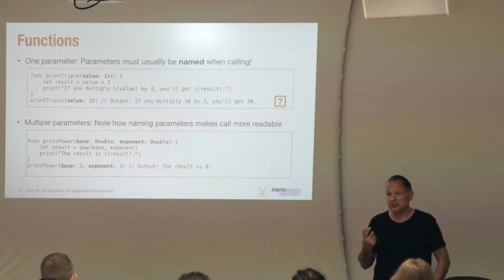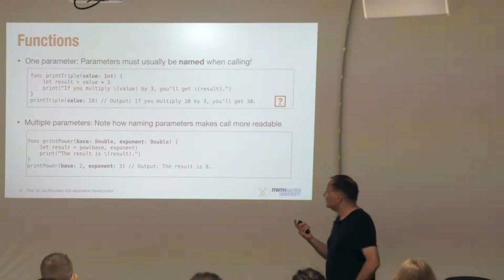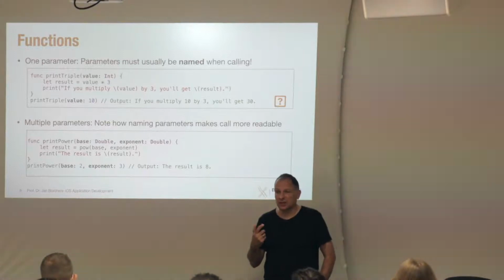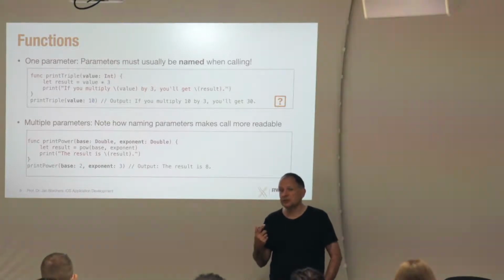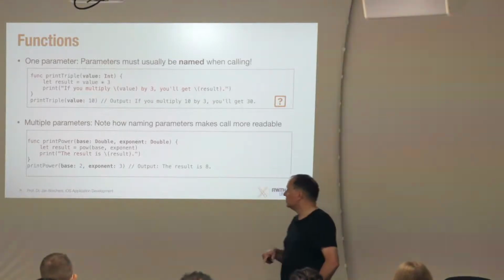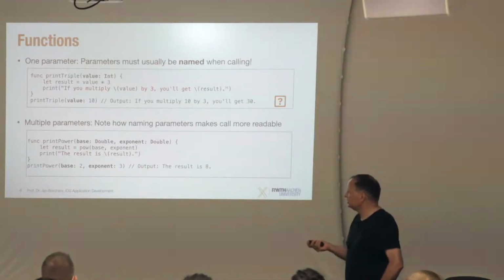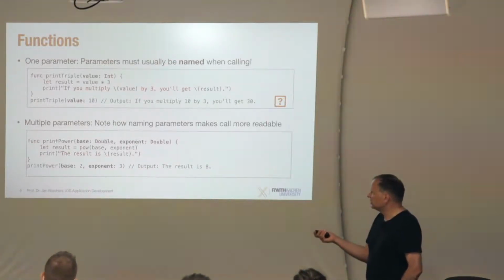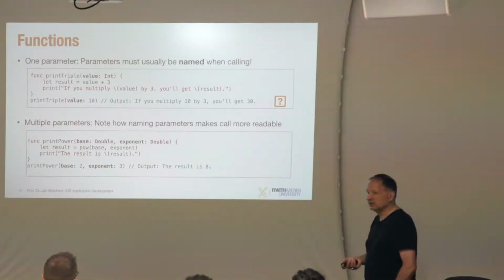One reason is legibility. Once you end up with several parameters, this makes your code much more readable at those points where you are calling a function. Right? So as an example, here's a power function that prints out the power of a base and with an exponent. And it's just implemented in a very straightforward way.